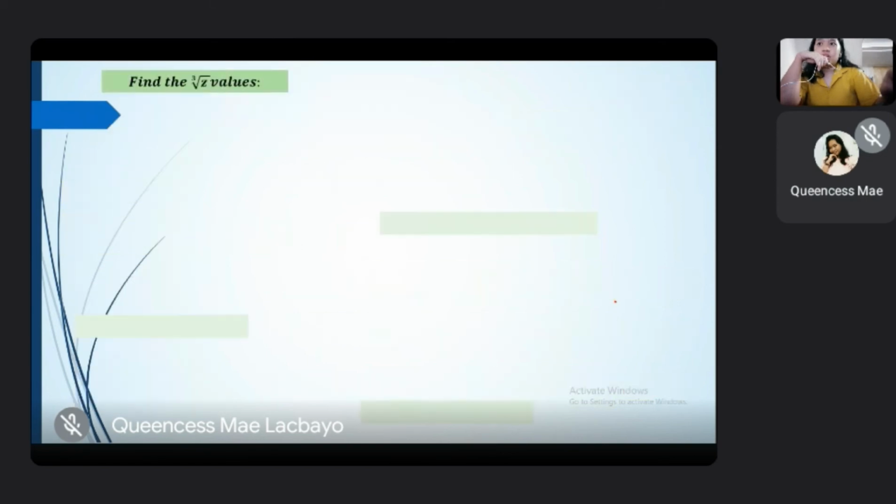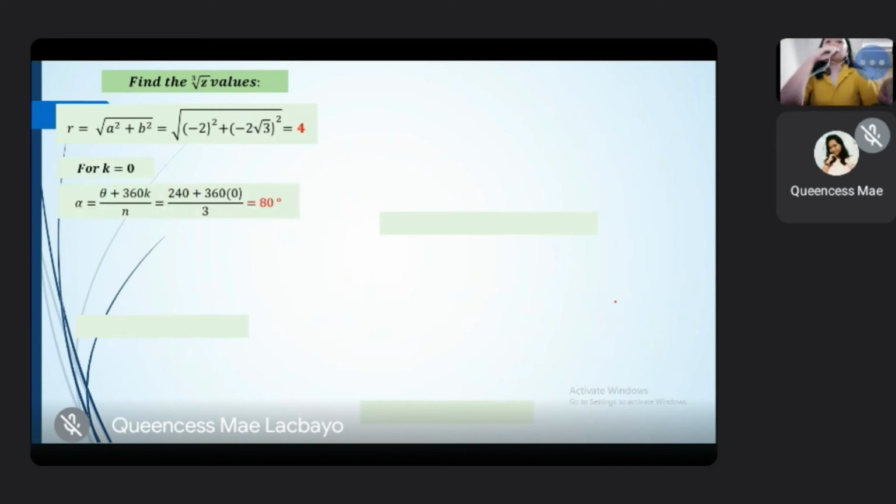Find the cube root z values. For the r, we have 4, same as solved earlier. For k equals 0, the formula for the cube root of z is cube root of r times bracket cos alpha plus i sine alpha, same as the first process.